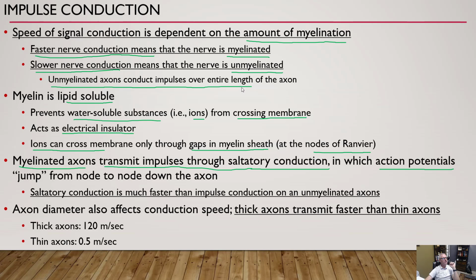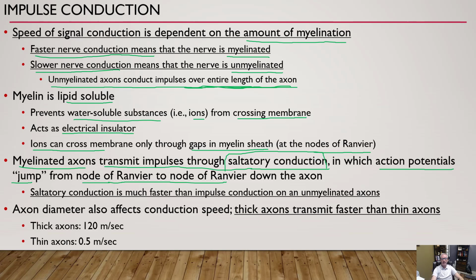Remember I said that unmyelinated axons conduct impulses over the entire length of the axon, whereas in myelinated axons, we have saltatory conduction, where action potentials jump from node of Ranvier to node of Ranvier down the axon. Let me just write that. And I'll show you a picture so it's not as confusing.